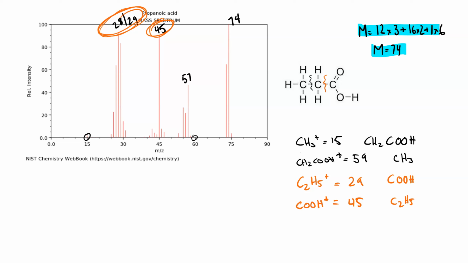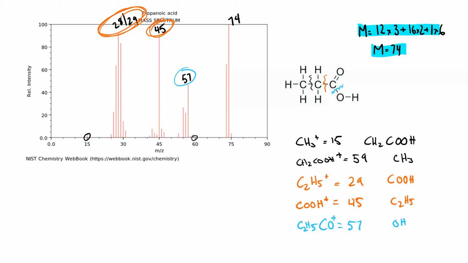Our last possibility would be to cut the fragment here. And so that would give me the ion C2H5CO, which would have a mass of 57, and I would also get the OH, which wouldn't show up.